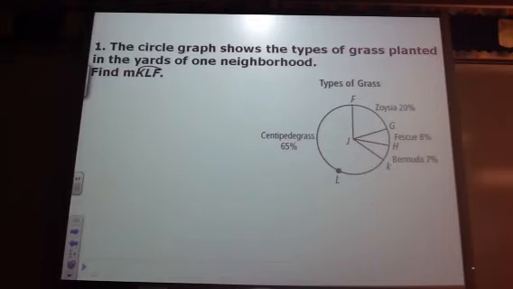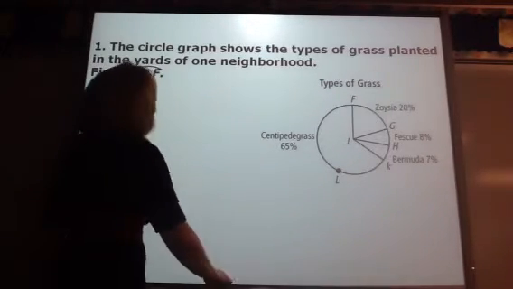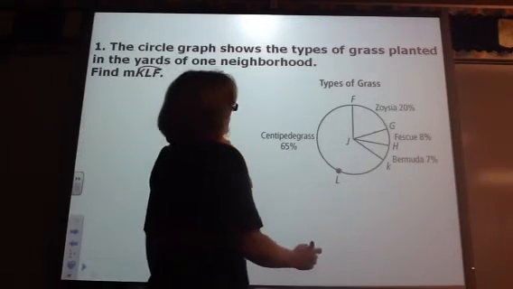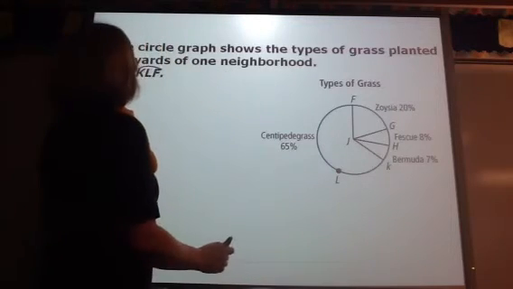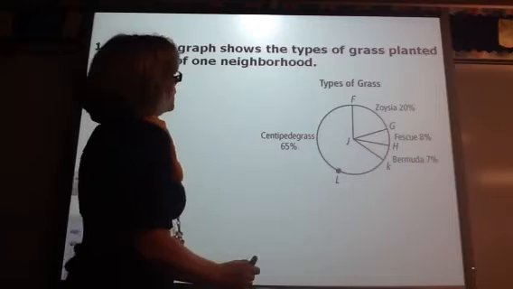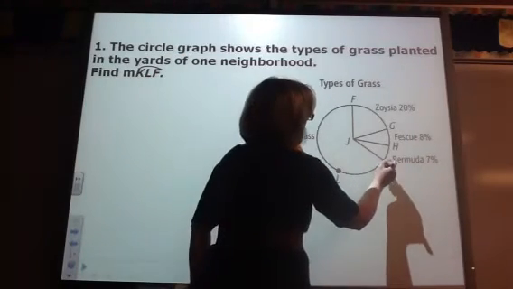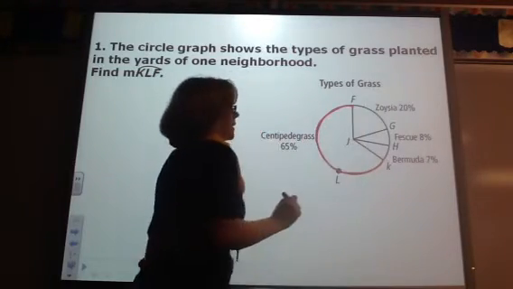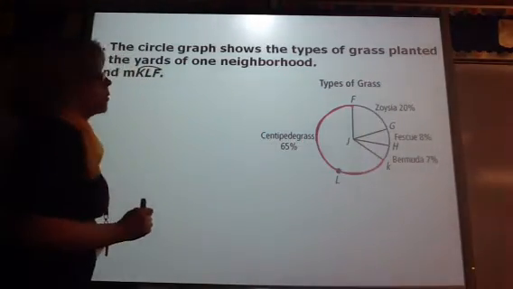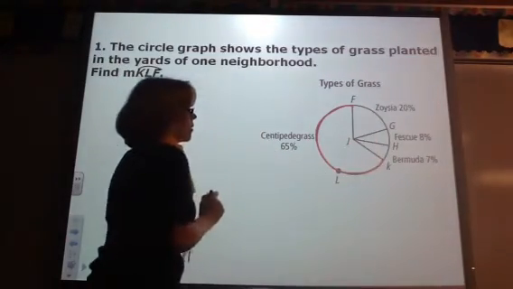The circle graph shows the types of grass planted in the yards of one neighborhood. Find the measure of arc KLF. I was going to say I didn't see an M anywhere. KLF, so that's this. This is a major arc, because these are your central angles, and it's not within those central angles.